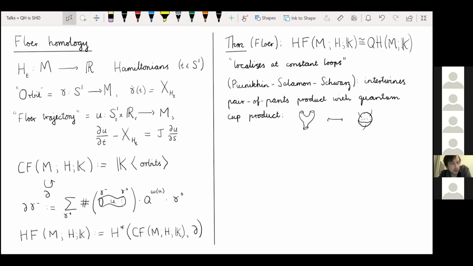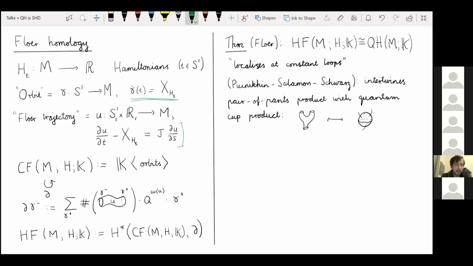The generators of this Floer cochain complex are orbits of H, which means loops mapping into M whose derivative at time t is the Hamiltonian vector field associated to the Hamiltonian H_t. And the differential on the Floer cochain complex counts Floer trajectories, which means maps from a cylinder into M satisfying Floer's equation, which is this one here.